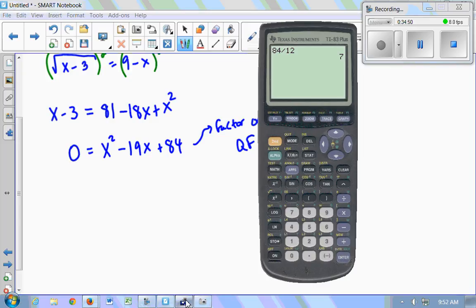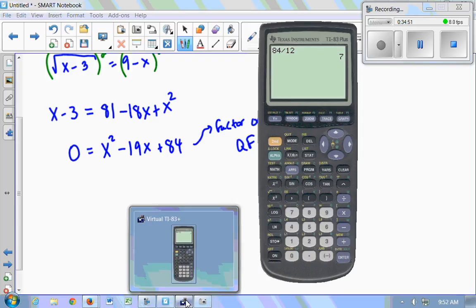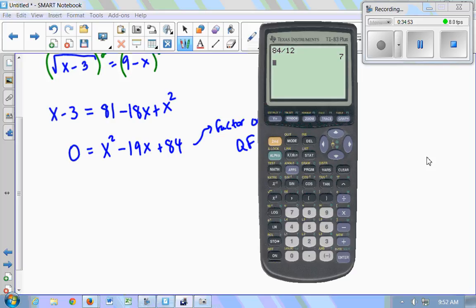Okay, good. They have to both be negative. x minus 12, x minus 7. 12 times 7 gives me the positive 84, and negative 7x and negative 12x make negative 19x. Okay, so that means x equals 7 or 12, right?